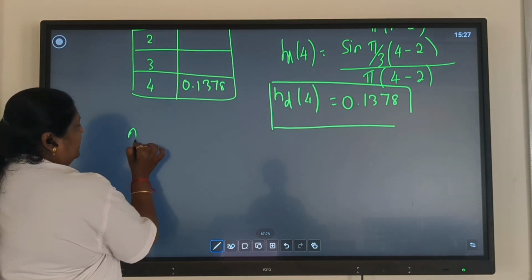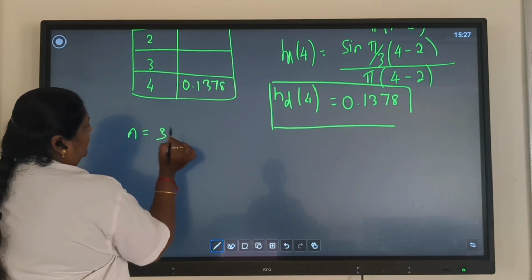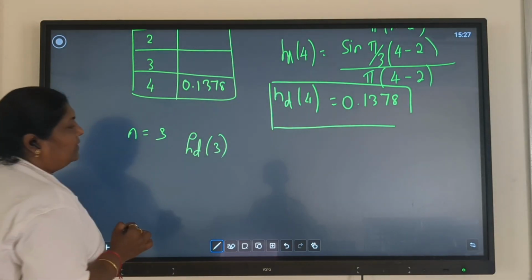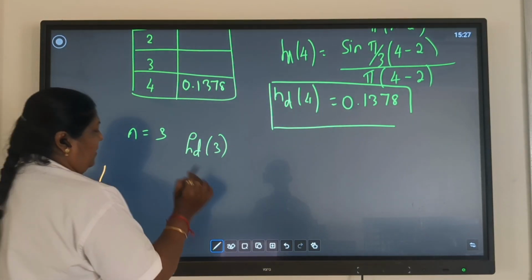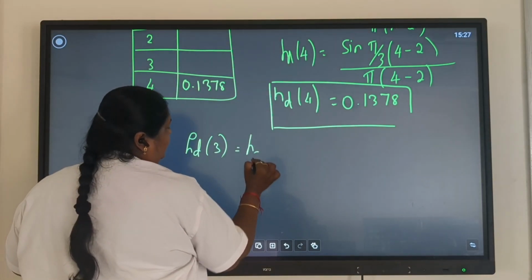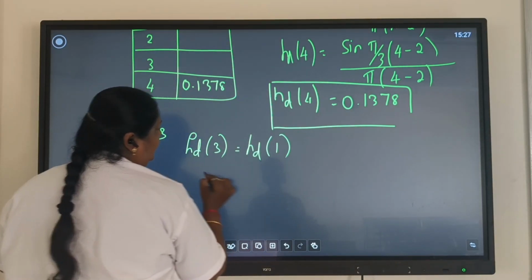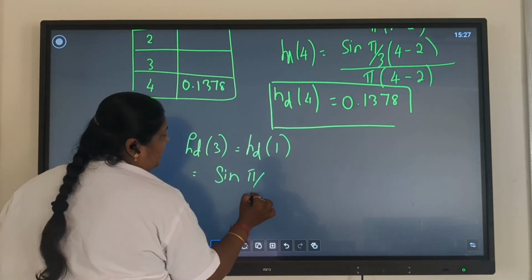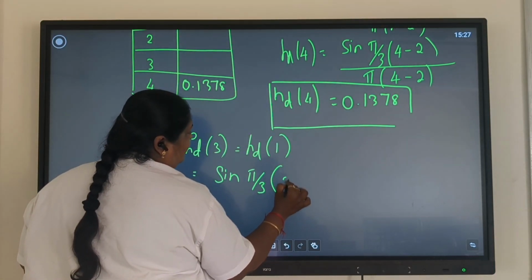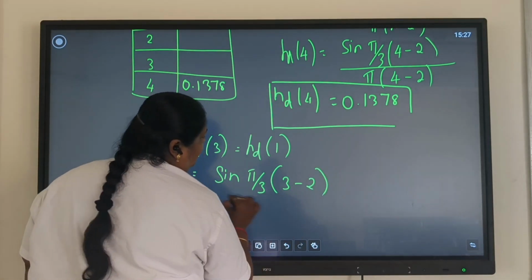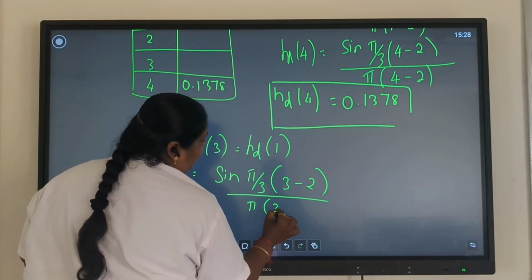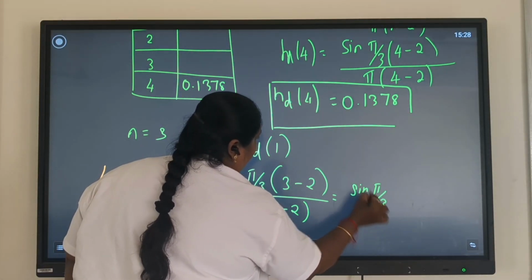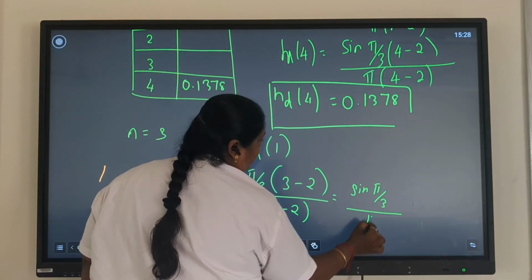So when small n is equal to 3, by symmetric condition, hd of 3 will be equal to hd of 1. So that is equal to, substituting here, sine of pi by 3 into 3 minus 2, divided by pi into 3 minus 2. So it will be sine of pi by 3 divided by pi.